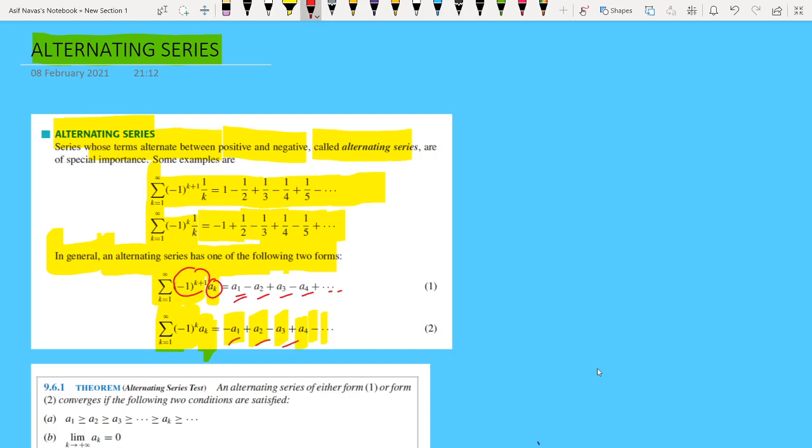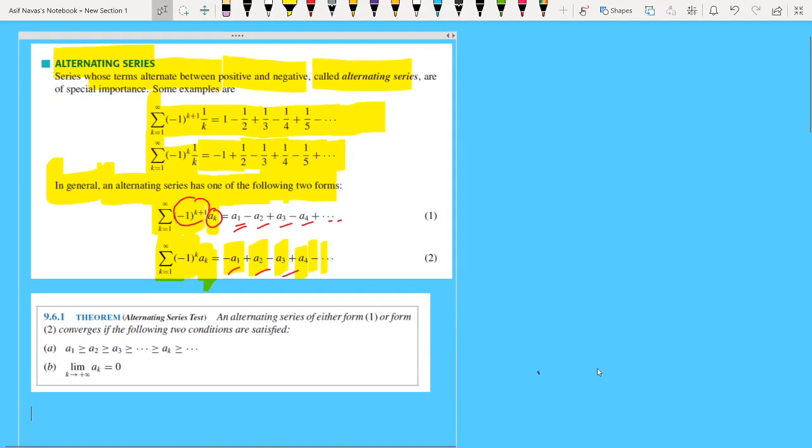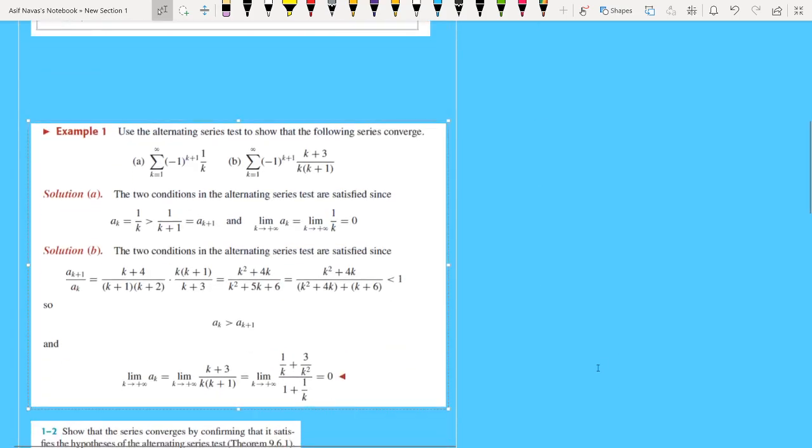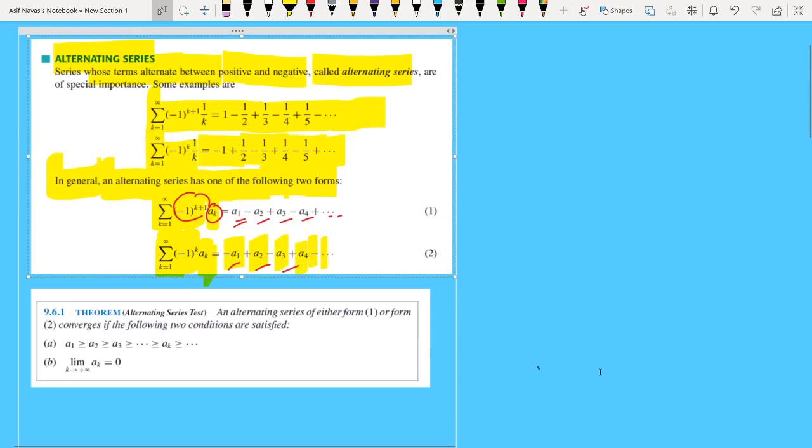There is a test to check whether such a series is convergent or not. That test is called the alternating series test, and I will define it.